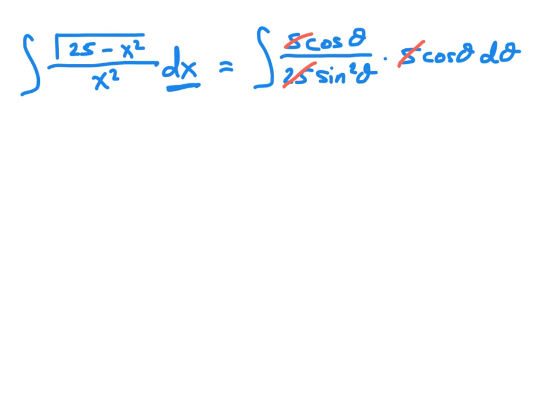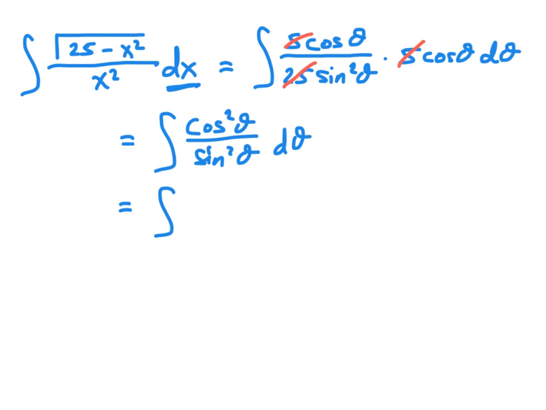We also then can multiply the cosines together in the numerator, and we end up with the integral of cosine squared of theta over sine squared of theta d theta. Cosine squared over sine squared is equal to the cotangent squared, so we can go ahead and rewrite it that way. So this is just the integral of cotangent squared theta d theta.